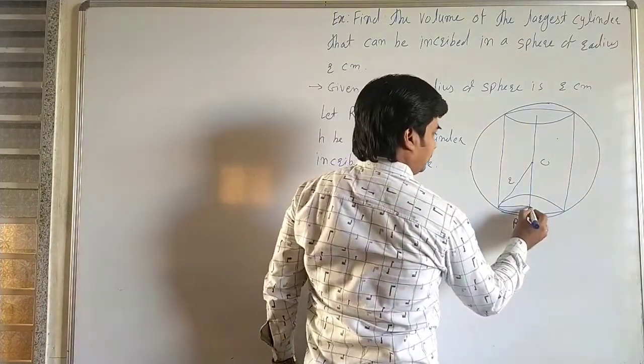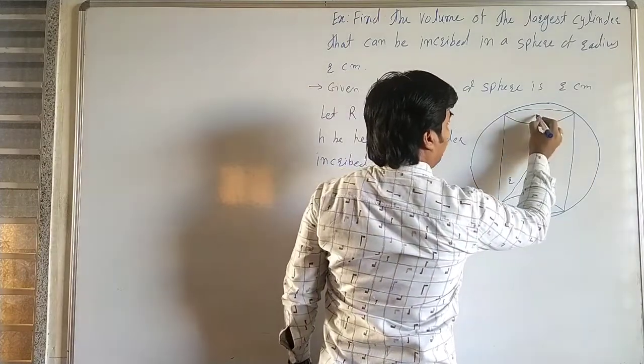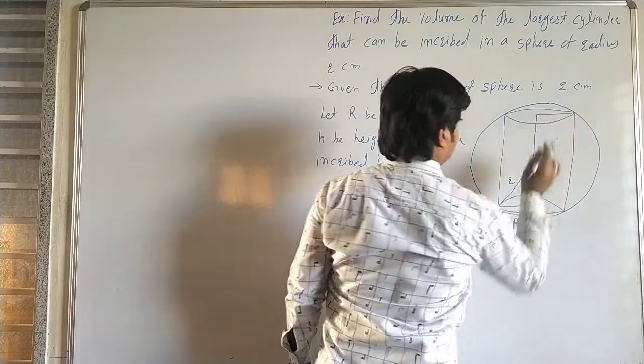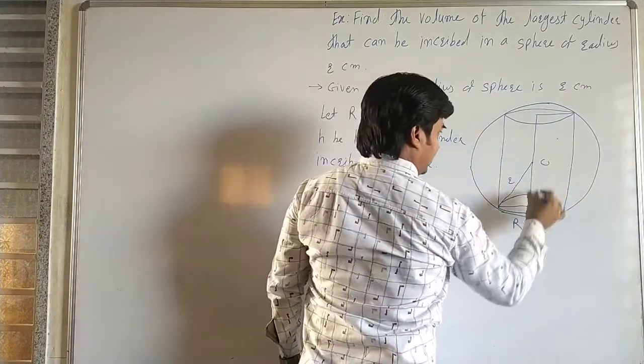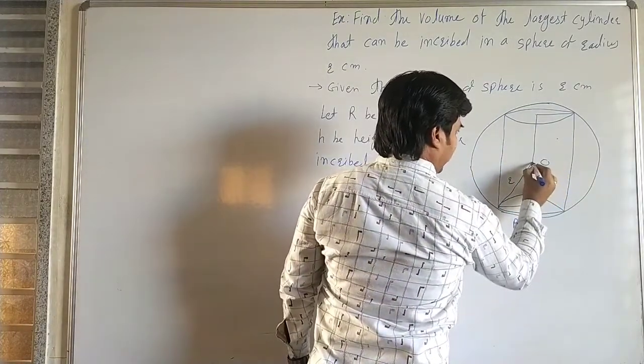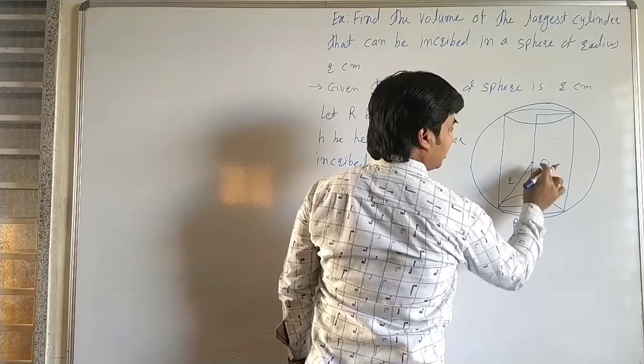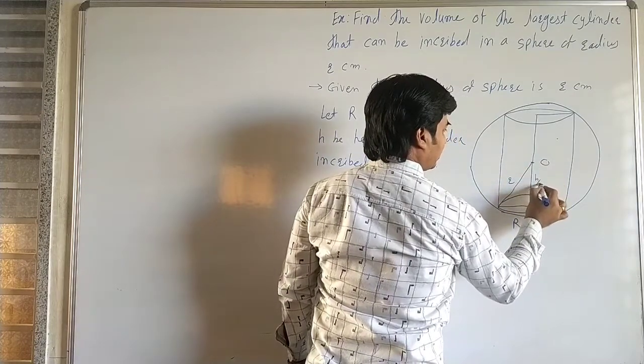Now here it is the height of the cylinder, therefore it is H, and since O is the center of the sphere, it is H by 2.